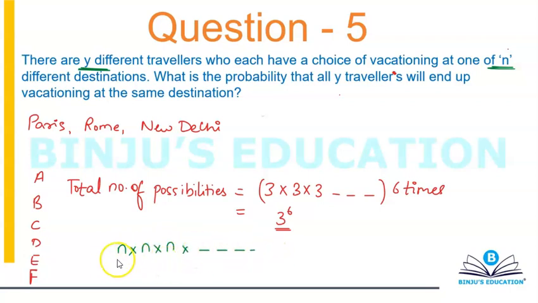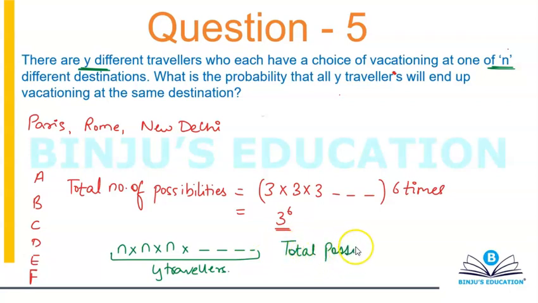We have a total of y travelers, so I'm going to multiply n y number of times. So my total possibilities will automatically become n to the power y.